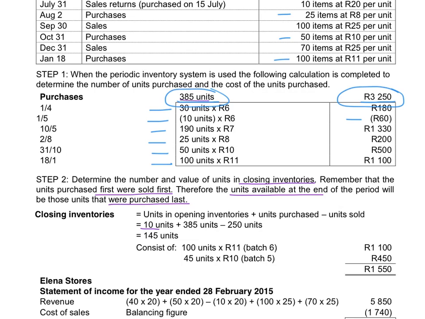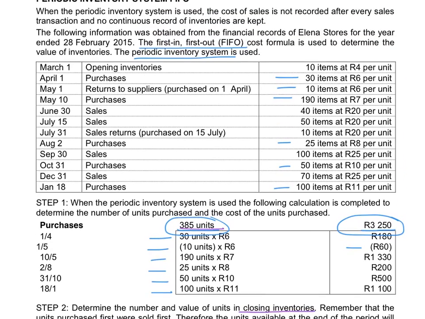We bought 385 units, and if we look at how many units we sold during the year, I add up the 40 units that were sold, plus 50 gives me 90, then there's 10 that was returned, so that's 80, plus 100 is 180, plus 70 is 250.